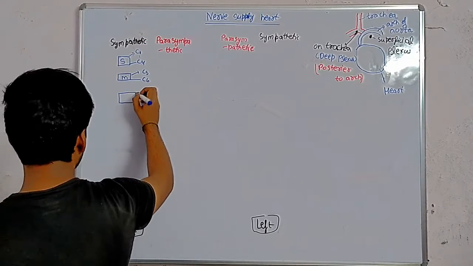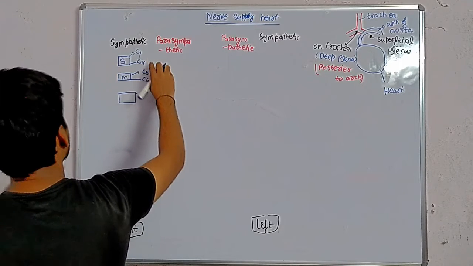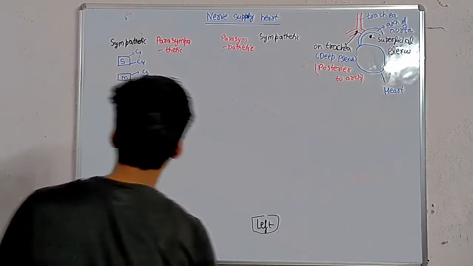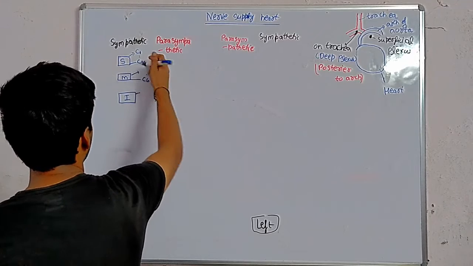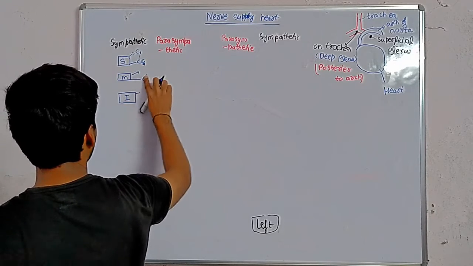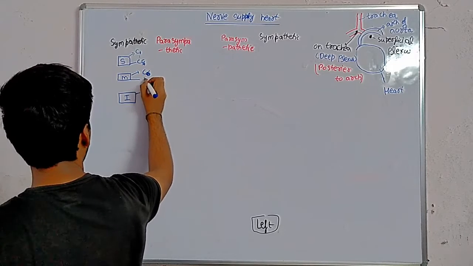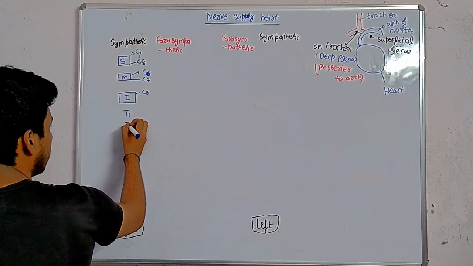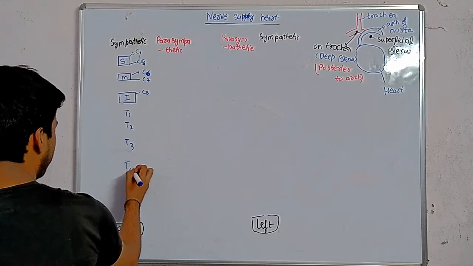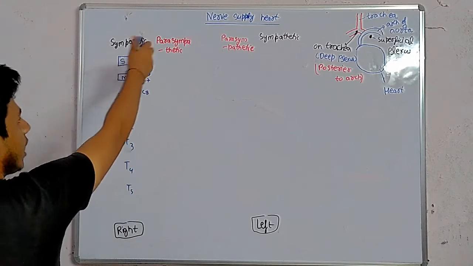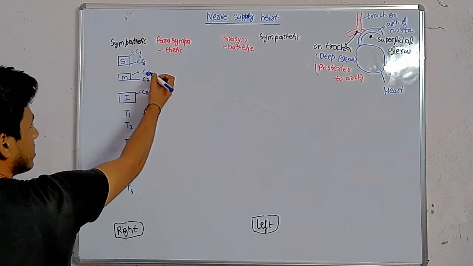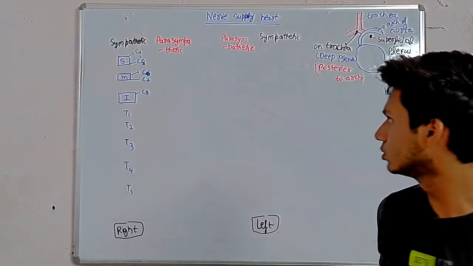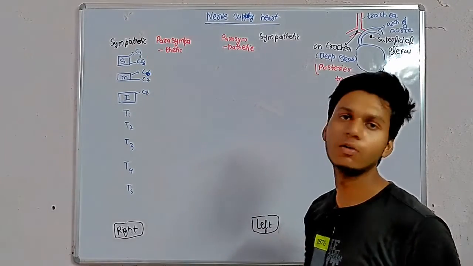And another is the inferior cervical ganglion, which contains C6 and C7, C8 and T1, and also includes below it T1, T2, T3, T4 and T5.